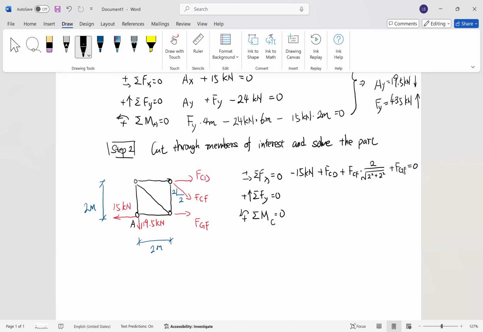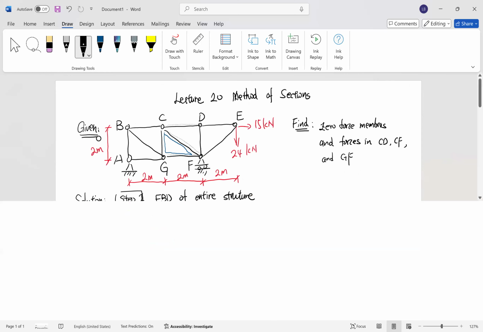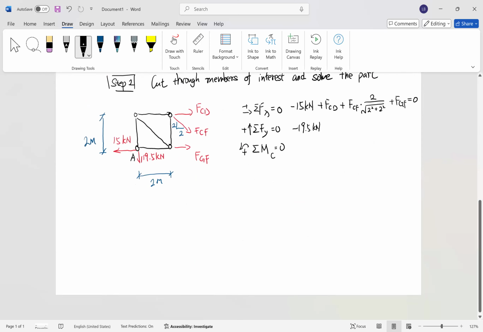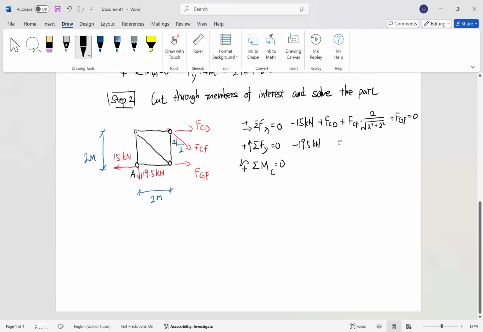And for the y direction, what do we have? We have 19.5 kilonewton, and it is going downwards, so it is negative here. What else should also be contributing to the summation of forces along the y direction? We have FCF, right?